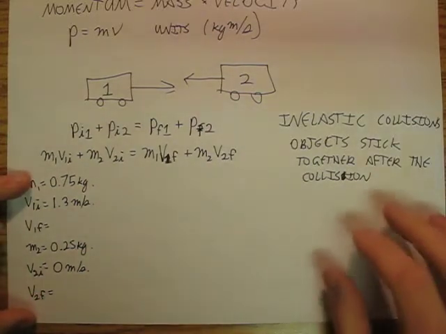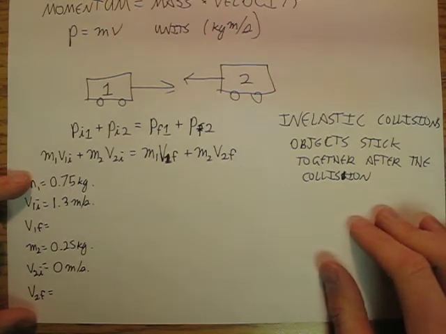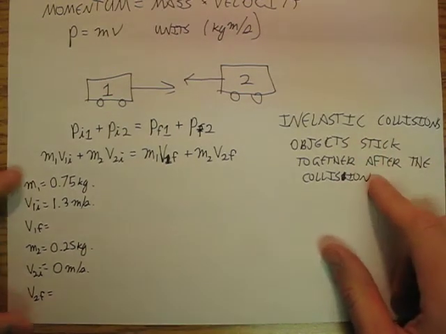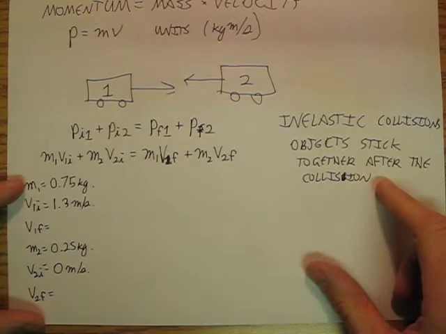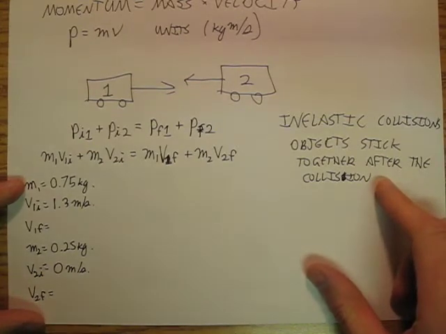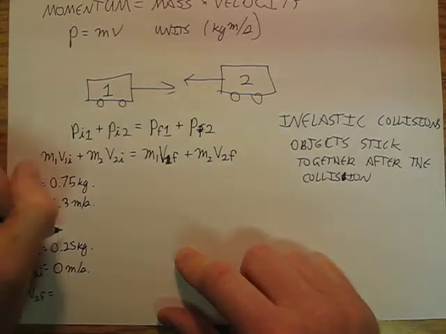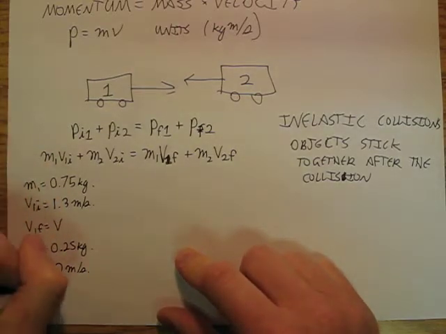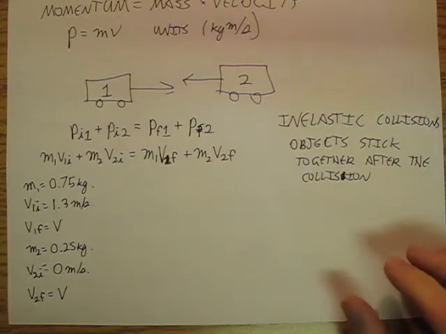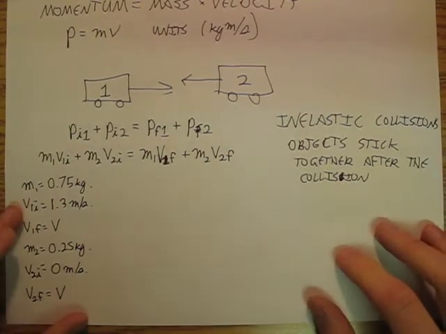Now, the key thing that we know is because the objects stick together after the collision, then we know that they have the same velocity after the collision. So we're starting off with the simplest we can go, and then we'll work more complicated from there. So because they have the same velocity after the collision, we are going to just call that v, without any subscripts on it whatsoever.